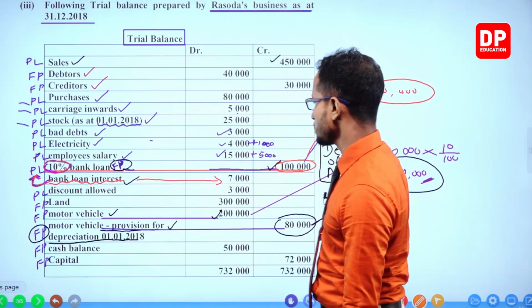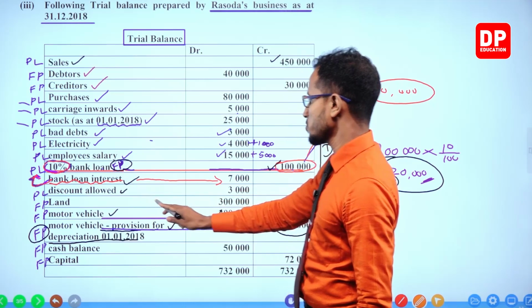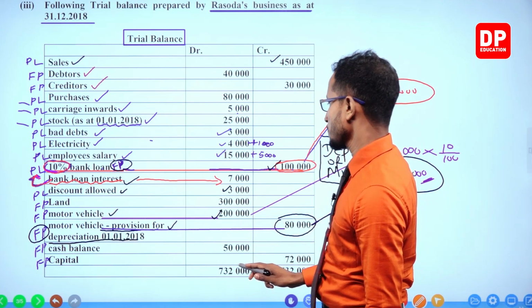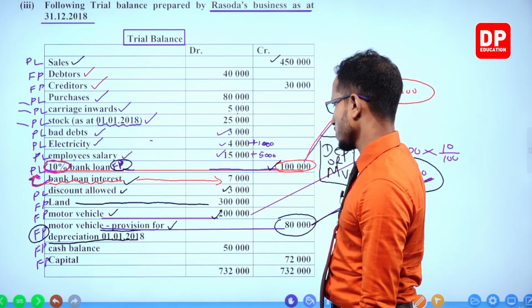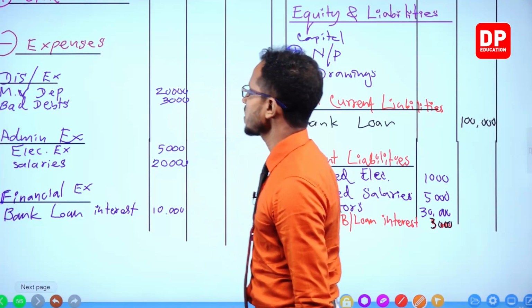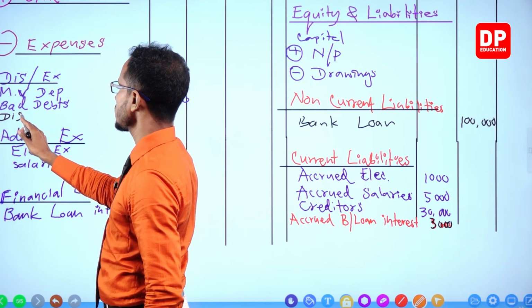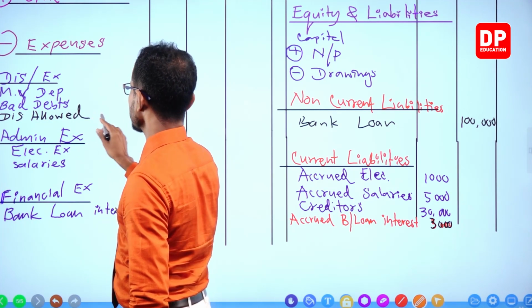Finally, we have the last few items. Discounts allowed should go to distribution expenses, 3,000. Land, oh my god, 300,000. Let's put discounts allowed, or discounts given, 3,000.